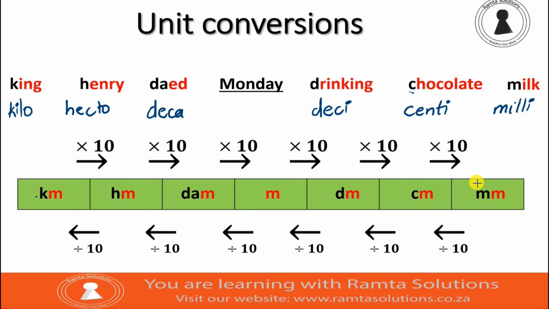So now we have said, as you can see, in between these units, when I move from left to right, I have put times 10. So what we're saying is that from kilometer to hectometer, you multiply by 10. From kilometer to decameter, you'll be multiplying by 10, multiplying by 10. So this will be 10 times 10 is 100. From decameter to meter, it's still 10.